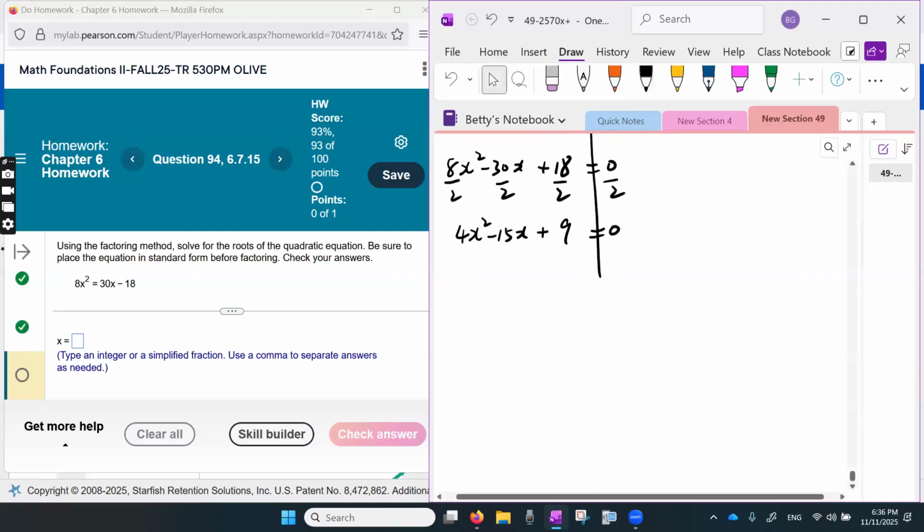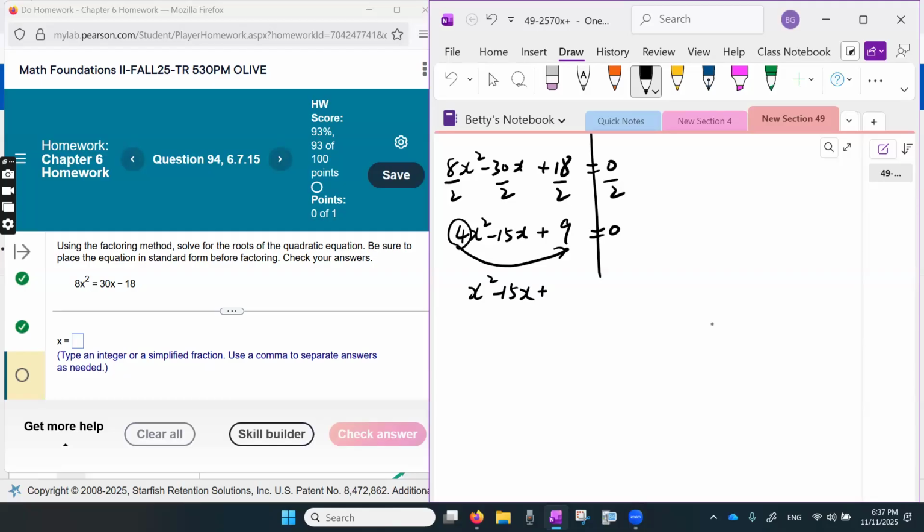Slide and divide method, okay? x squared minus 15x plus 4 times 9, 36. Shortcut. Negative 12 and negative 3. Negative 12, negative 3 multiply to positive 36, add up to negative 15. All right. Divide by 4.